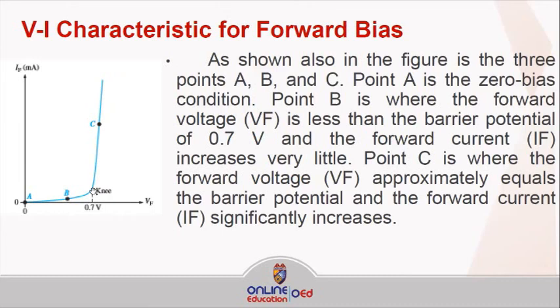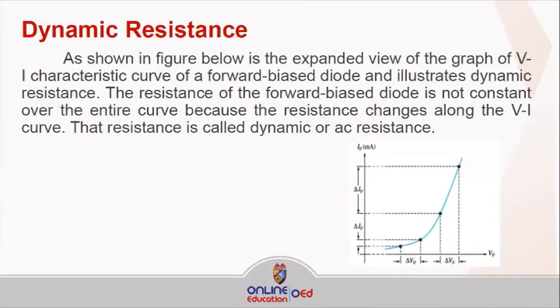Okay, equal na siya sa barrier potential na 0.70. And the forward current, IF, okay, significantly increased. Tumaas na rin yung IF natin dito. Okay, that is the voltage current characteristic for a forward bias.